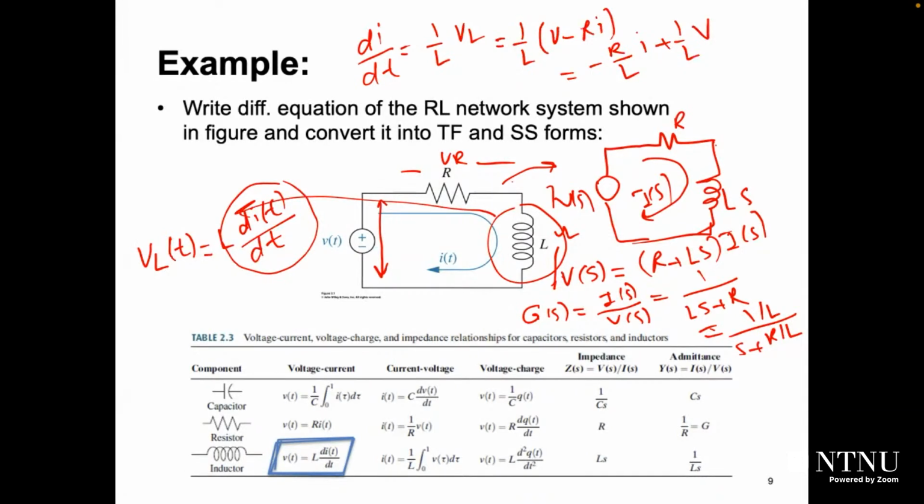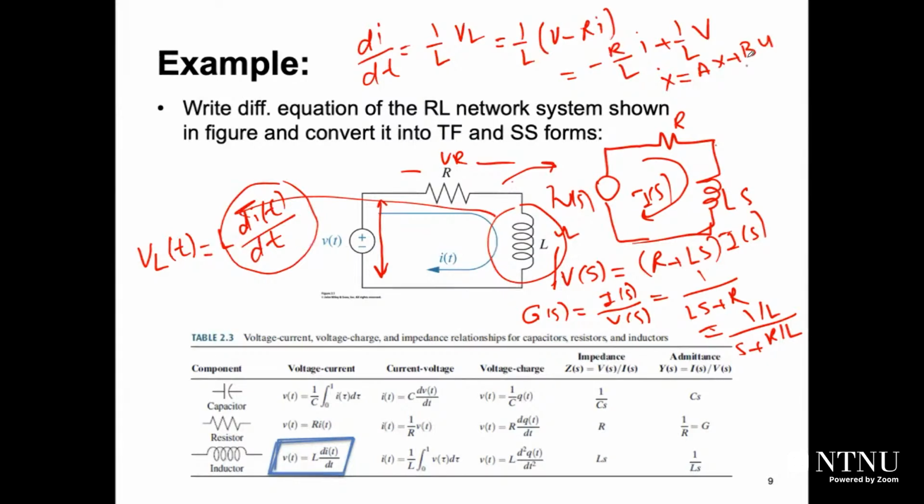So in fact, when you look into this equation, it's di by dt equal minus R divided by L multiplied by I plus 1 divided by L multiplied by V. Compare this equation with x dot equal Ax plus Bu, right? So u is an input to my system, which is a source, V of t.